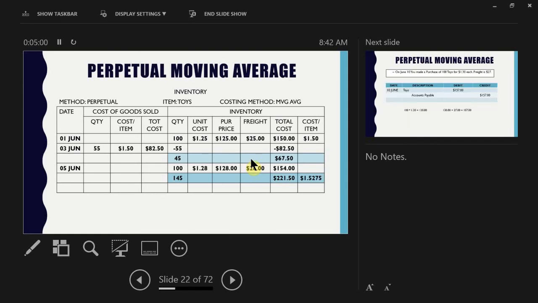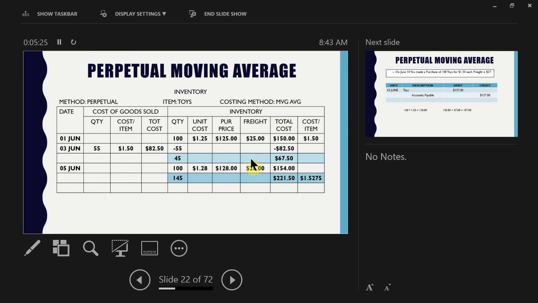Since my PowerPoint cannot display all those numbers, but of course Excel can, in this case, here is my answer: 1.5275.